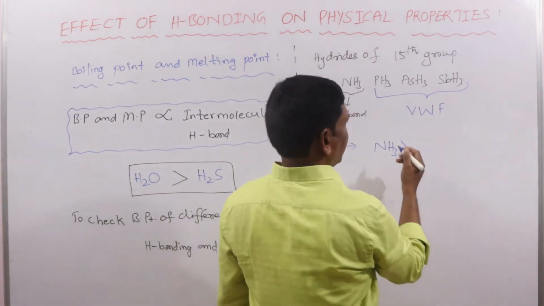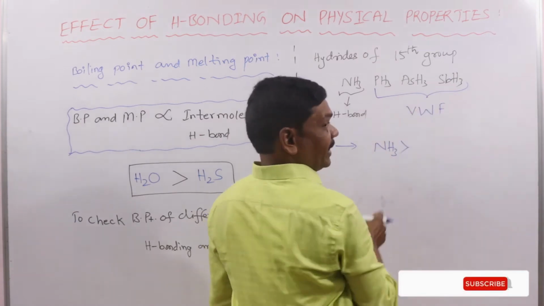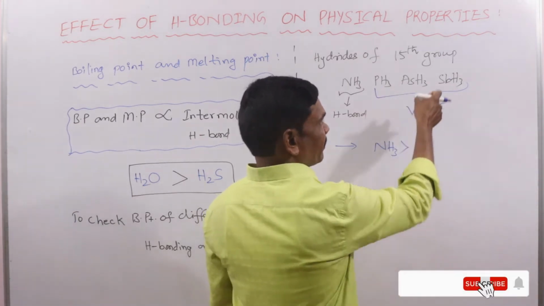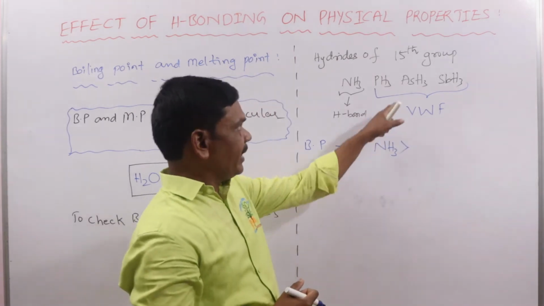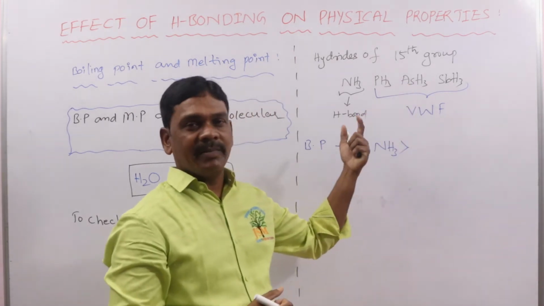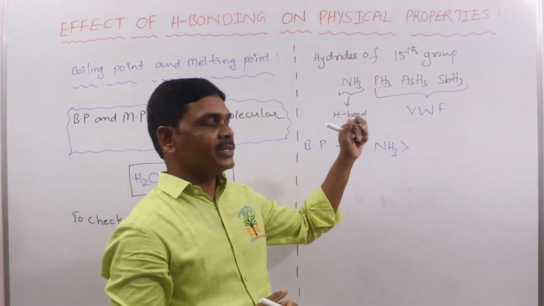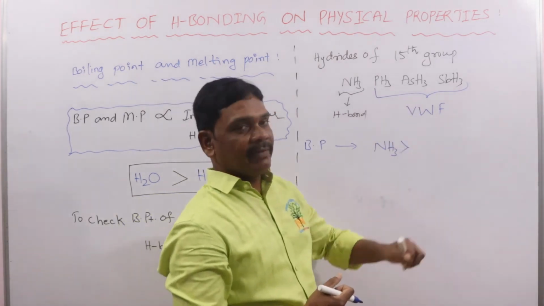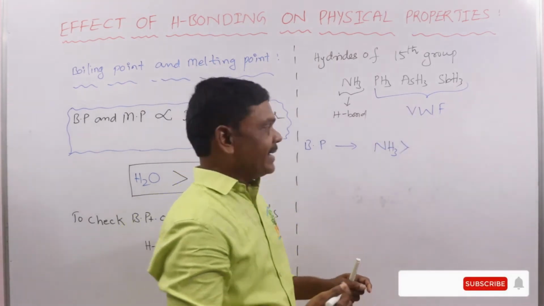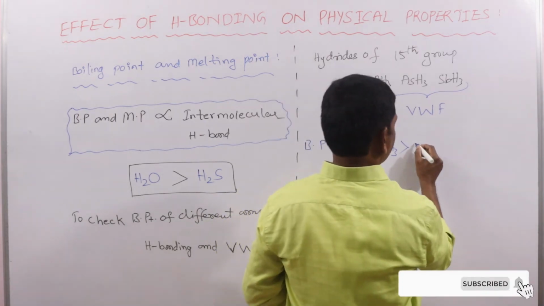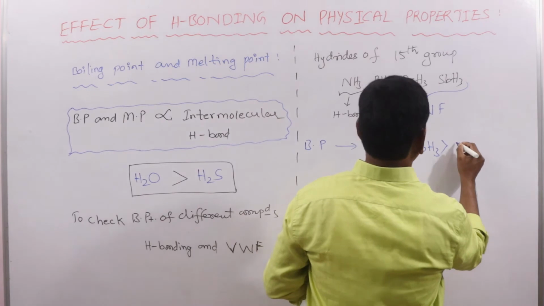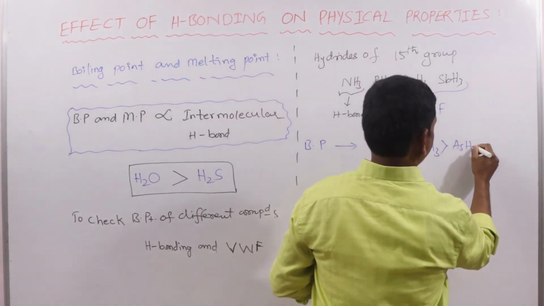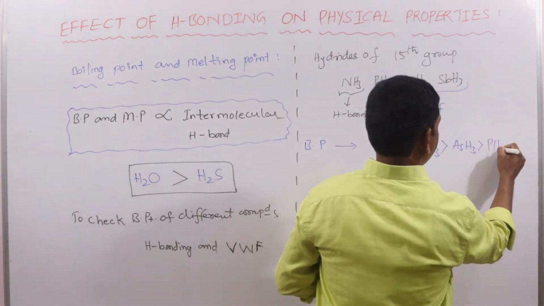In the remaining three, moving downwards in a group, atomic size increases and molecular mass also increases, so Van der Waals force of attraction also increases. So the second is SbH3, greater than AsH3, greater than PH3.